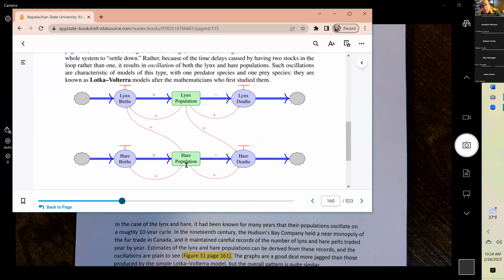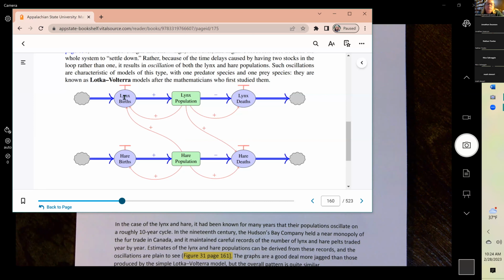As the hare population grows, just like the one above, as it grows, there's more deaths, but there's also more births. And that's why these are both positive. But then as this grows, it will increase the births, which then increases the population, which then increases the deaths.